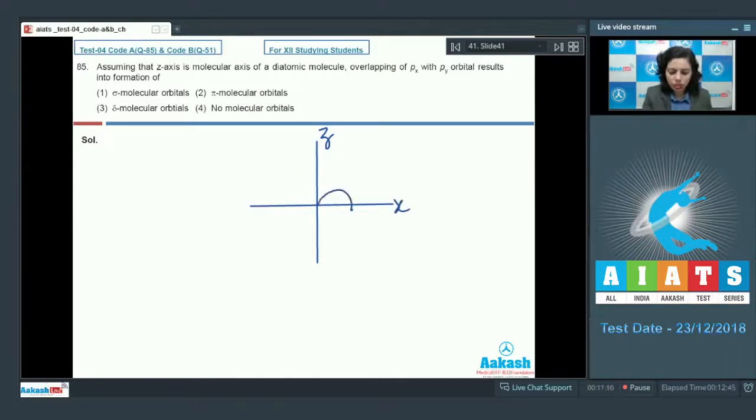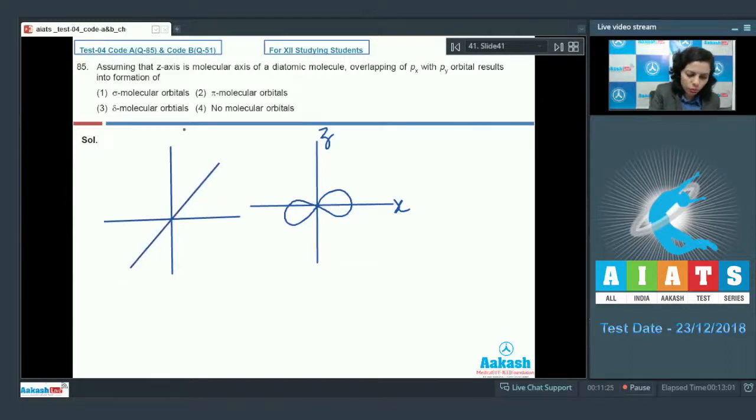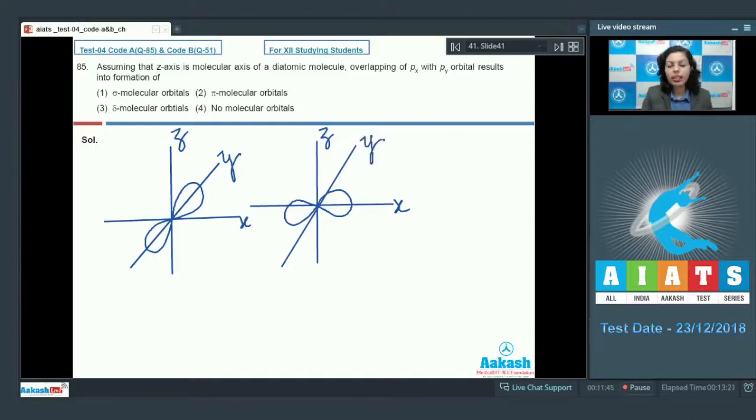Suppose this is the x-axis, so this is px, and if we talk about another orbital, that is py. If z is assumed to be the internuclear axis, this is the x-axis, and we are talking about this py orbital. Here is the y-axis that is present here.